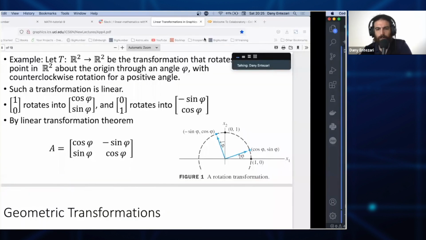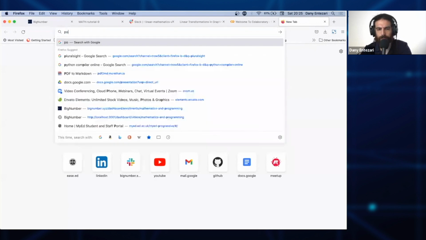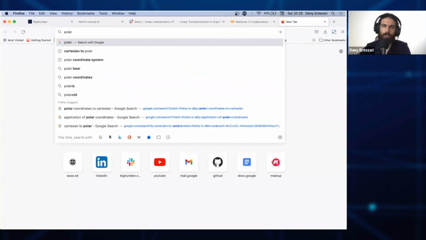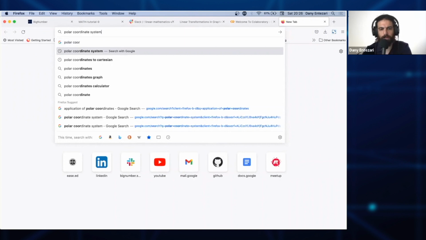So if I show you the polar coordinate system, of course, pi is the length of the unit circle. Half of that would be 180 degrees. So one unit circle is 360 degrees. Half of that is 180. A half of 180 would be pi over 4. Right? But let me just pull up the picture.